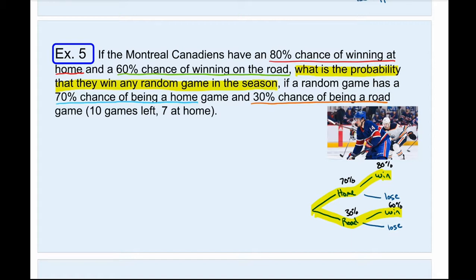So using this tree diagram to help organize my information, I should be able to calculate the probability of each outcome. Again, there are two different situations here: win at home and win on the road.